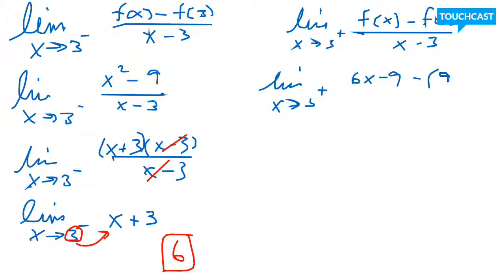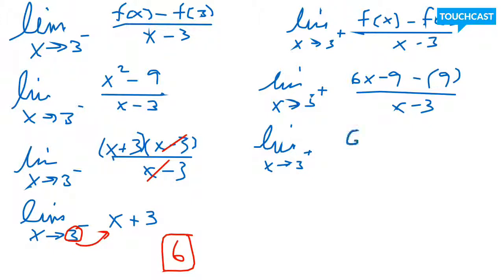That's 9, over x minus 3. That's the limit as x approaches 3 from the right. That was a 3 up here, right? Of 6x minus 18 over x minus 3.